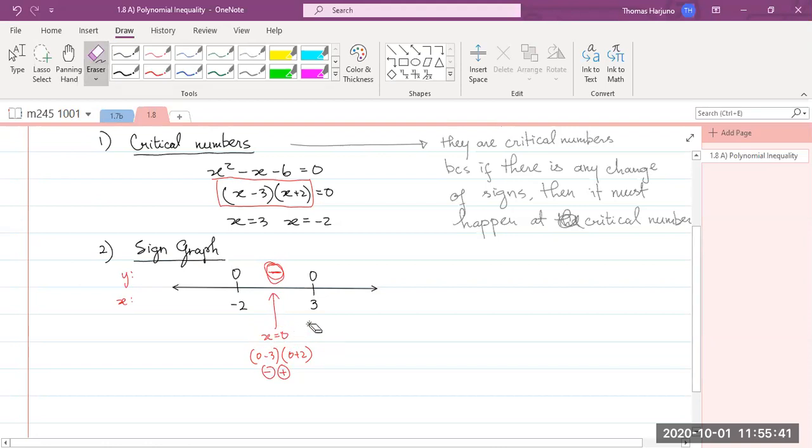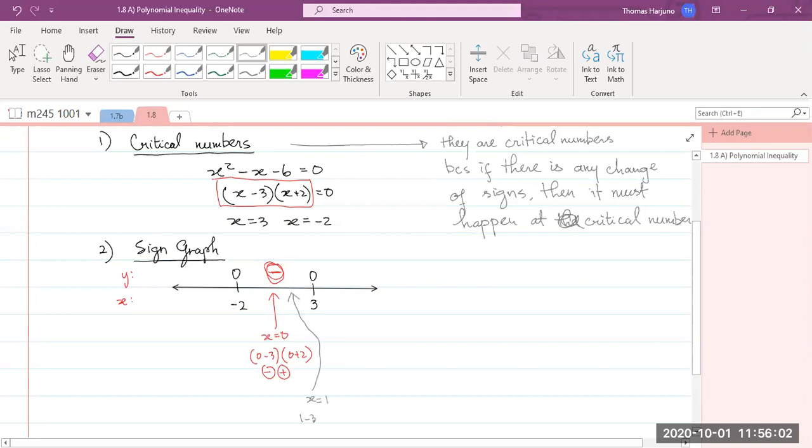Thomas, what happens if I don't choose x equals 0? How do you know I need to choose x equals 0? No, I didn't say you have to choose x equals 0. I said just choose something from that interval. So what happens if I choose x equals 1? Then you try to do it then. Okay, but let's say I do it for you. Let's say you choose x equals 1.